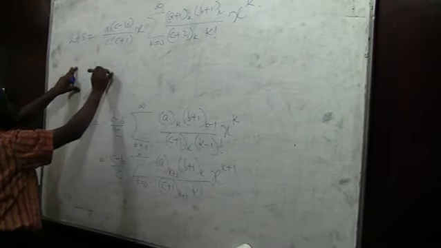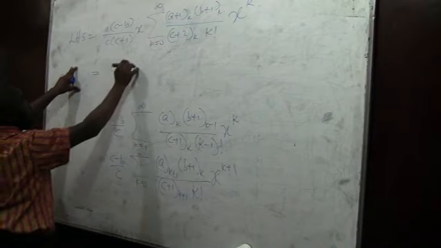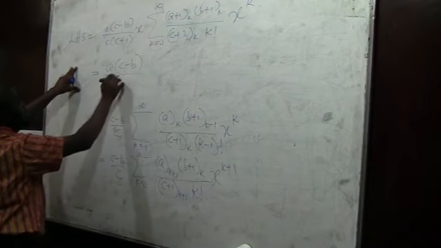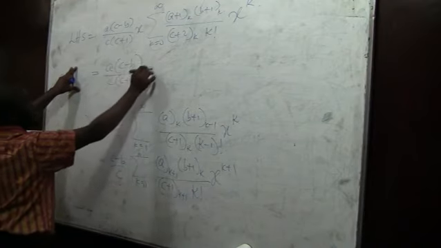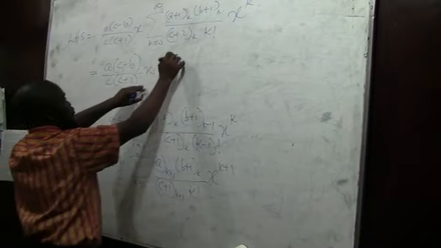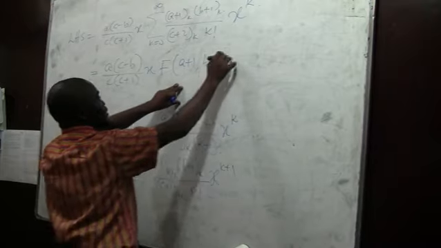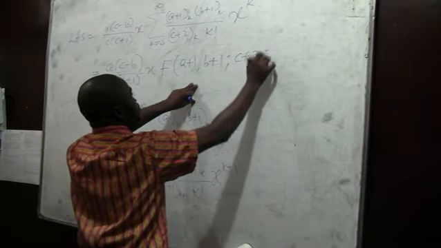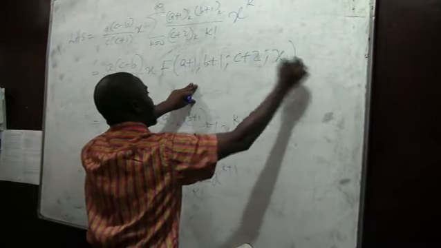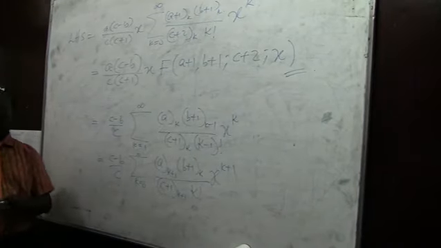So in terms of hypergeometric function, we write x times F of (a+1, b+1; c+2; x), which is our desired result.